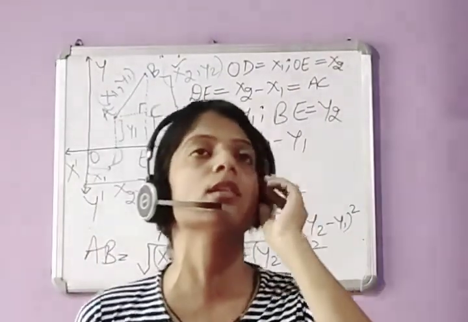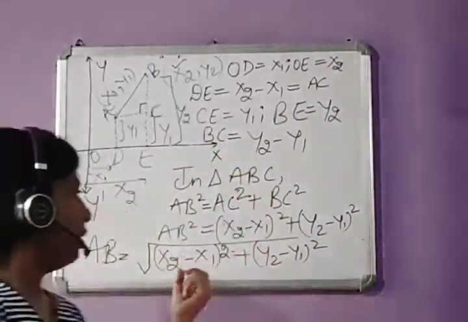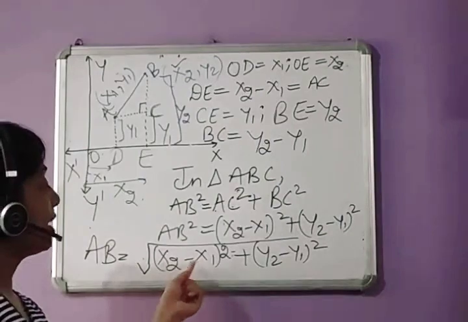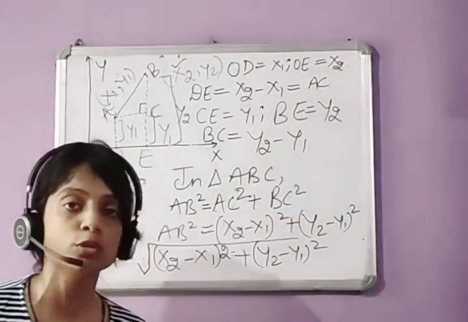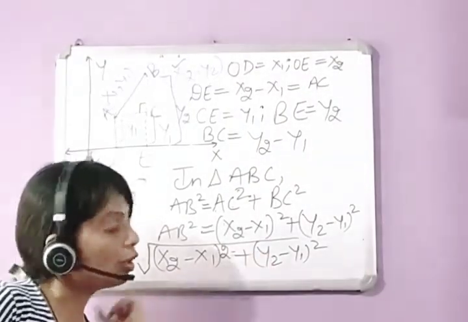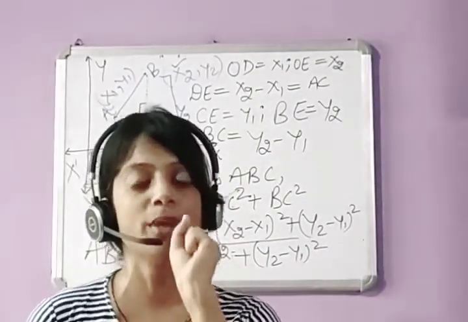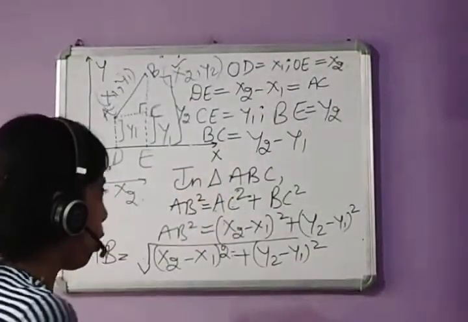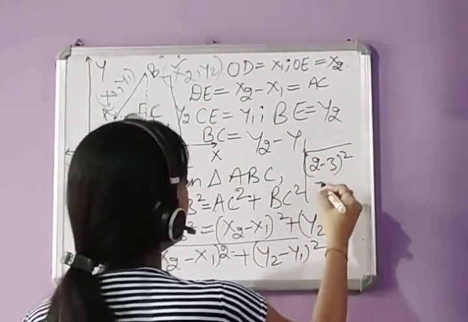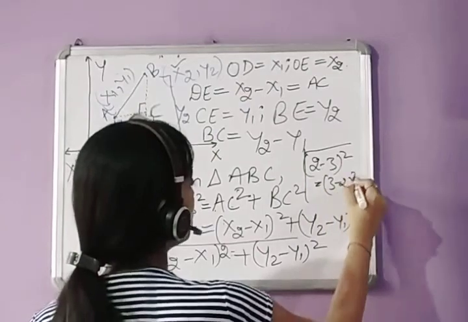Now one more thing: students can also ask, ma'am, can I write (x1 minus x2) whole square and (y1 minus y2) whole square instead of this? Yes, you can, because the square of 2 minus 3 is equal to the square of 3 minus 2.